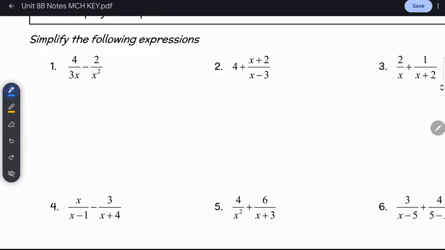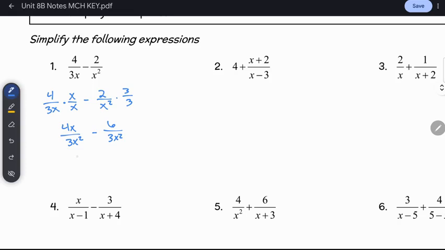So what that looks like is this. We're going to have 4 over 3x times x over x, because this was missing an x, minus 2 over x squared times 3 over 3. This is going to give us 4x over 3x squared minus 6 over, sorry, there was a square there, over 3x squared.